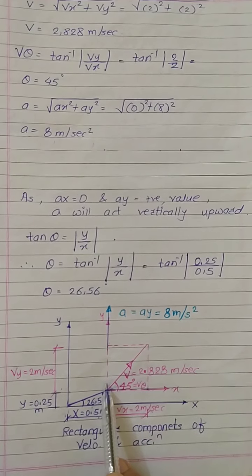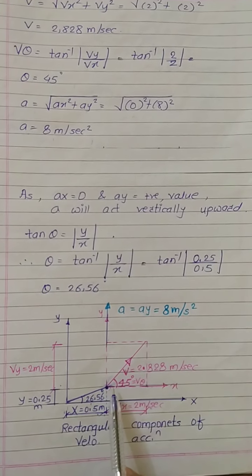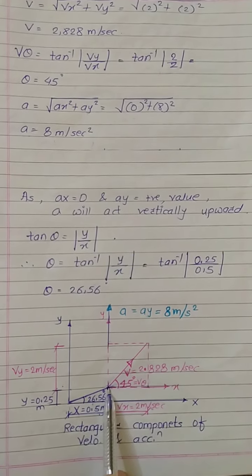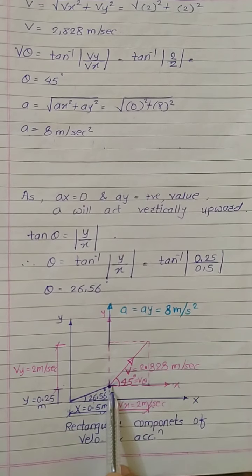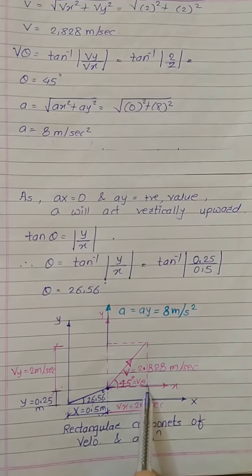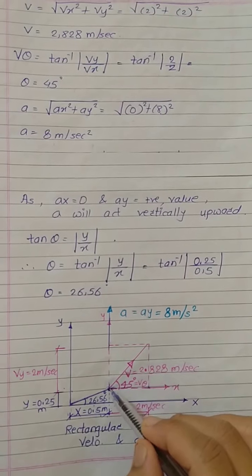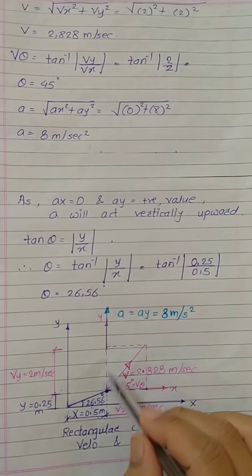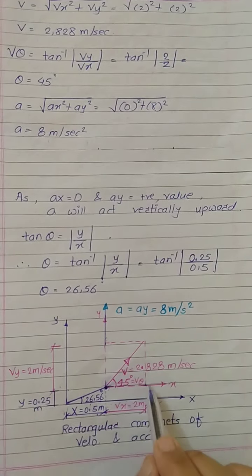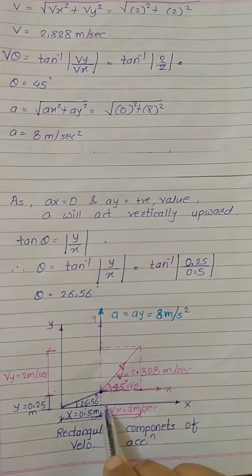Now I have to plot vx, vy and the resultant velocity. My vx is 2 meter per second, so along this line I will take 2 meter per second. Again on this line vy is 2 meter per second. After completing this you will get a square.